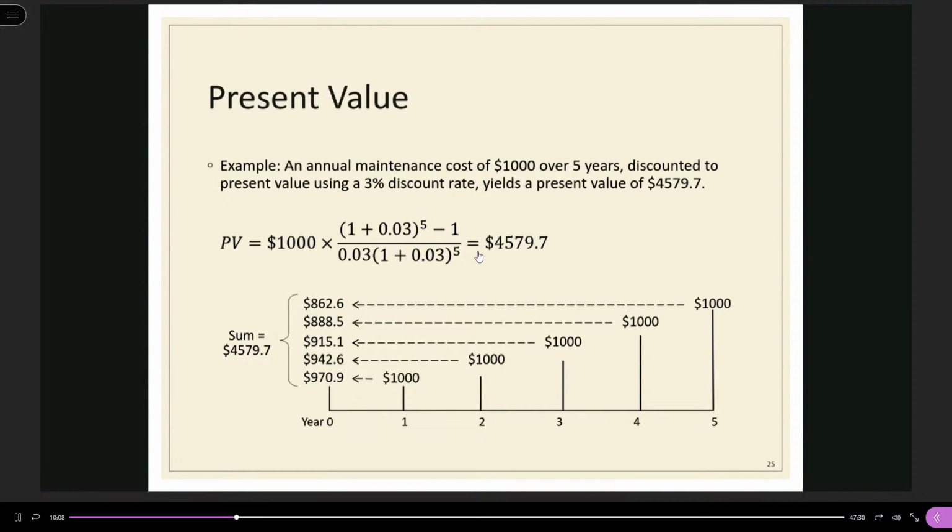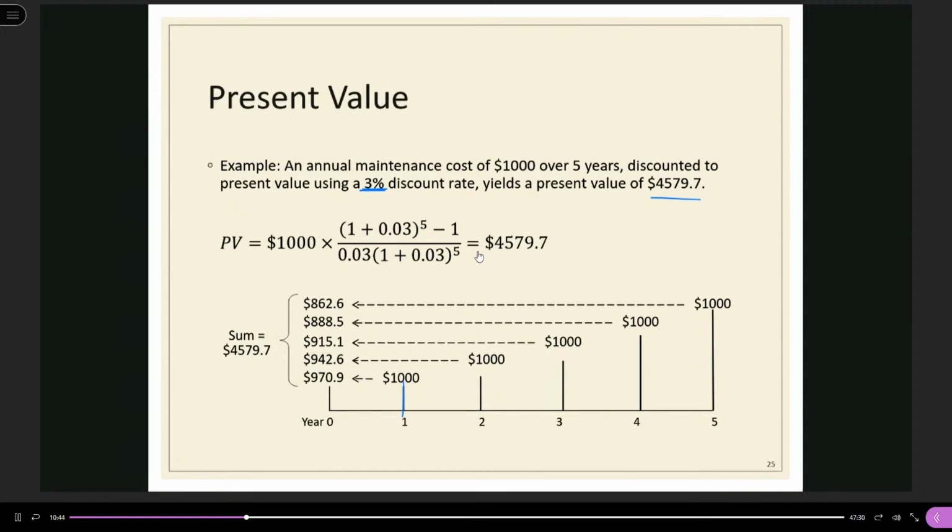An annual maintenance cost of $1,000 over 5 years. So at the end of the first year, the second, the third, the fourth, the fifth year, every year you need to pay $1,000. And the discount rate, again, is 3%. So the present value of all these $5,000 paid at different times in the study period will be $4,579.7.